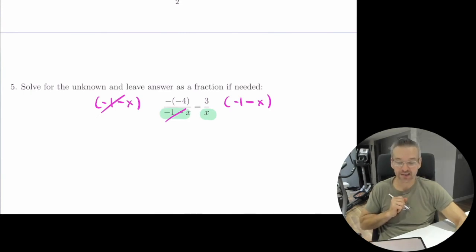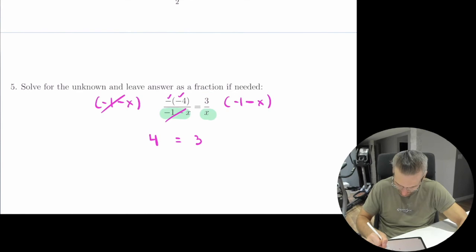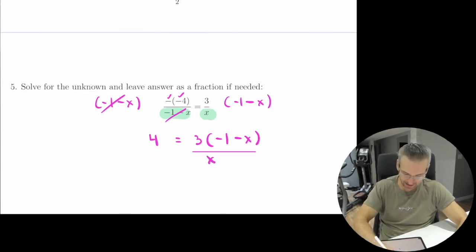Let me do that just so that you can see what happens. This is now negative, and negative is actually positive. So I'm going to do that right away so that I just have a 4 there. So this is 4 equals, now here we have 3 and negative 1 over x. Now I still have this x at the bottom, but I'm going to do exactly the same thing.